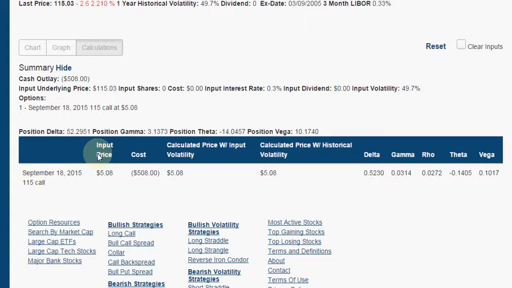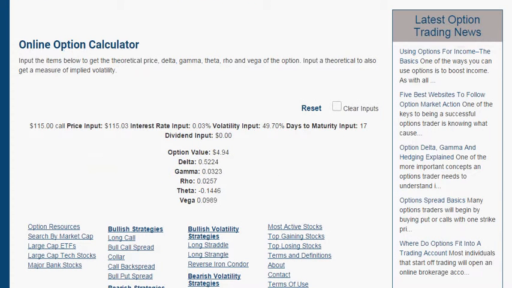So we can look at that. Of course, delta is not constant, so we look at the general position here, and I can illustrate that also with our calculator.